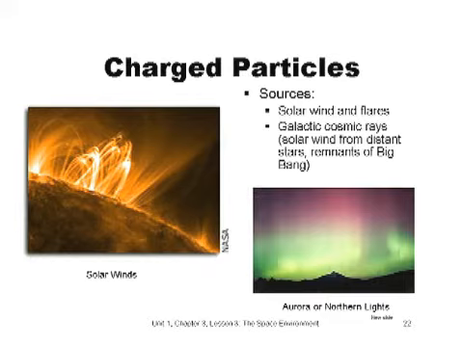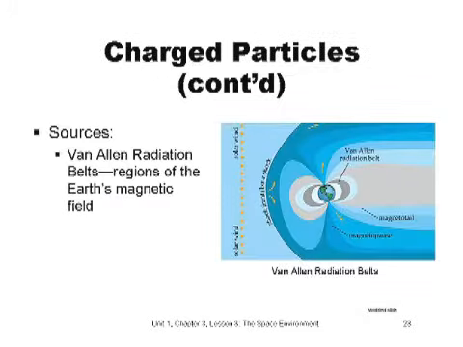Galactic cosmic rays are high-energy particles from old stars or spectacular events in the galaxy and beyond the solar system. They may even come from the Big Bang, which is a theory that some scientists say explains the origins of the universe. Another major source of these very dangerous charged particles is the Van Allen radiation belts.